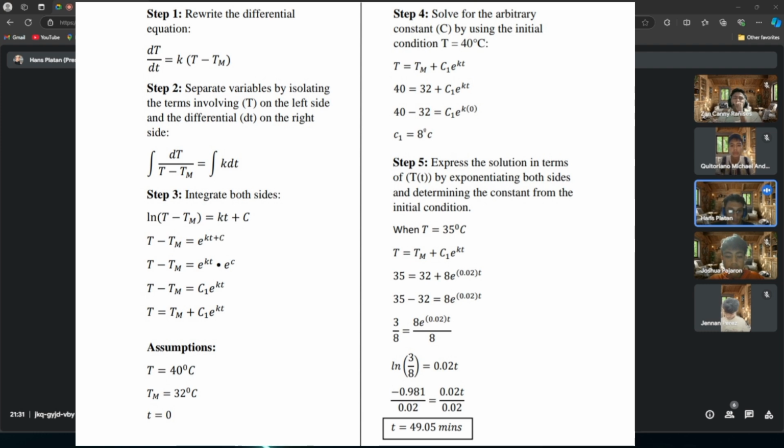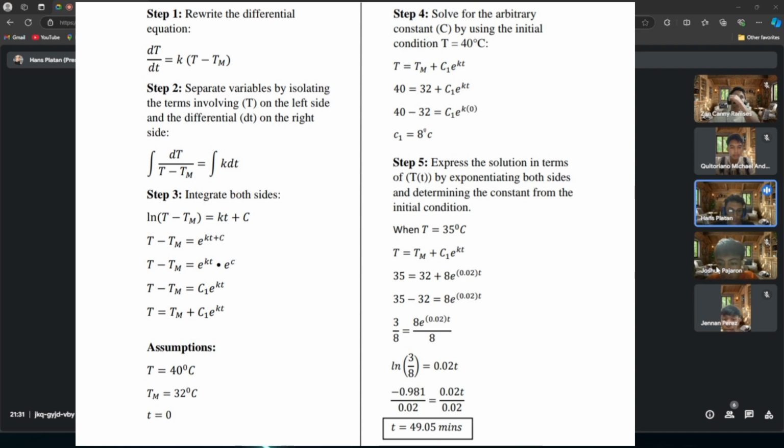So we integrate both sides and then we'll end up with the new equation ln(T minus Tm) equals kt plus C. Then as we go further, the new equation will be T equals Tm plus C1 e raised to kt.